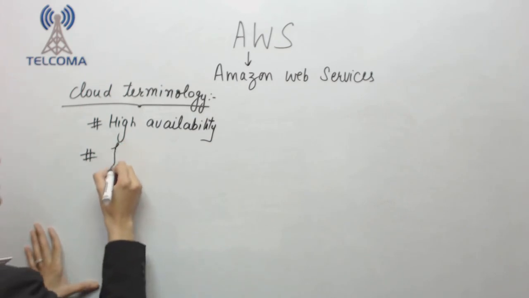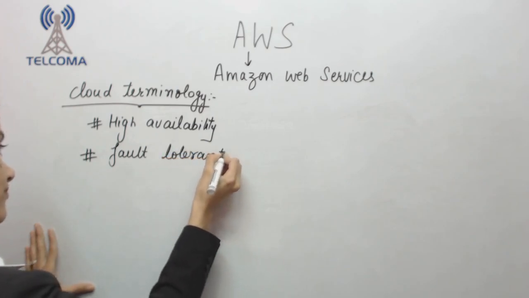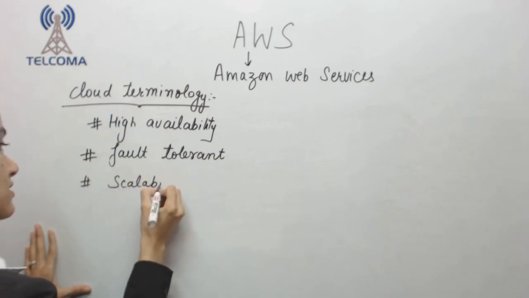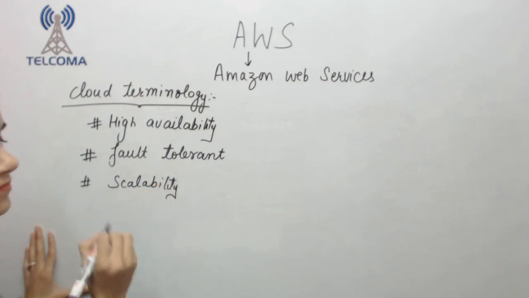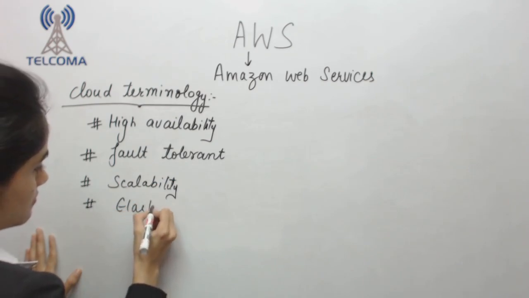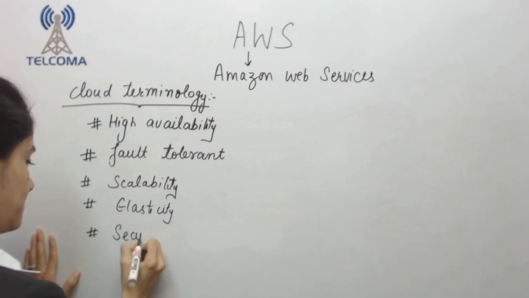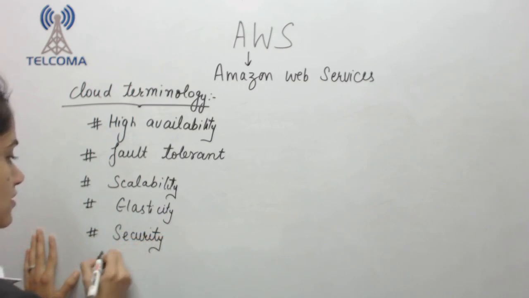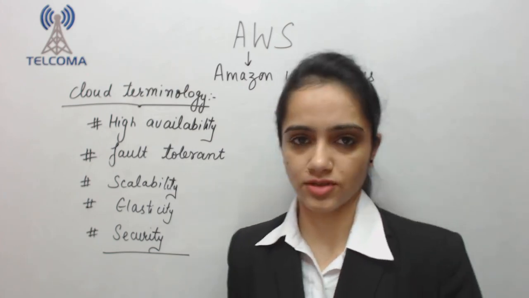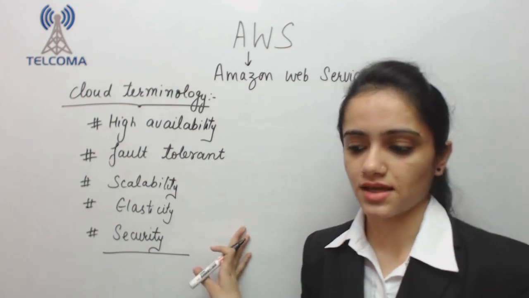It is fault tolerant. It has the features of scalability, elasticity, as well as security. So AWS is offering this cloud terminology. It is highly available, scalable, fault tolerant, secure, elastic, etc.